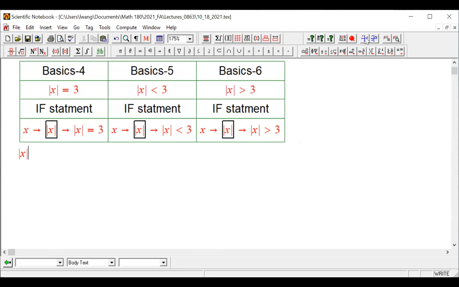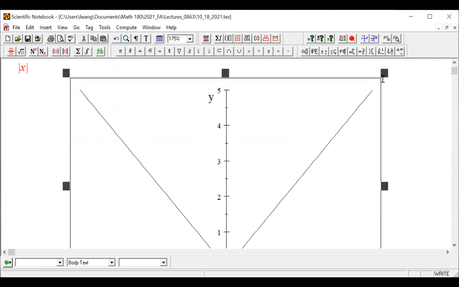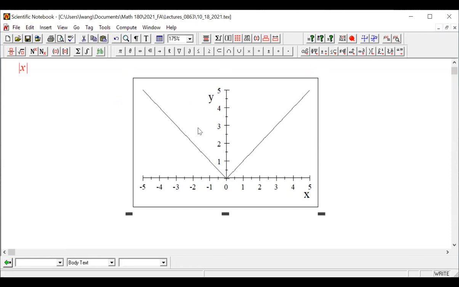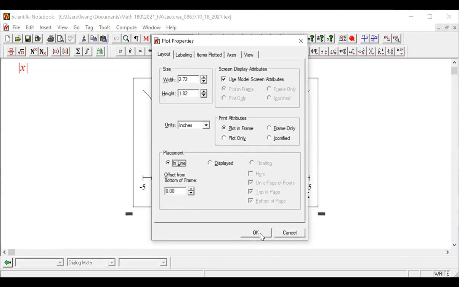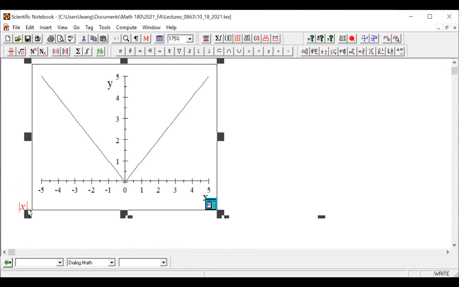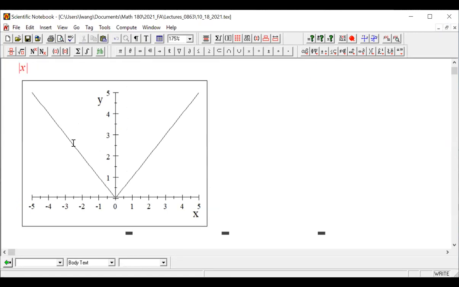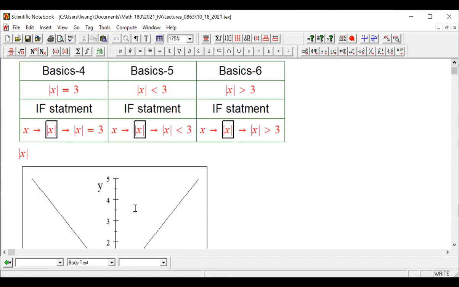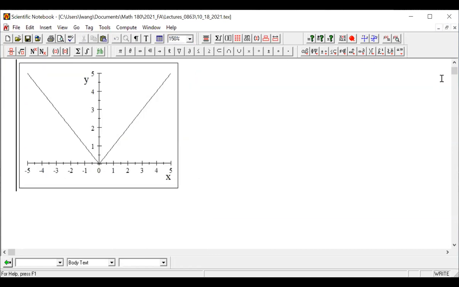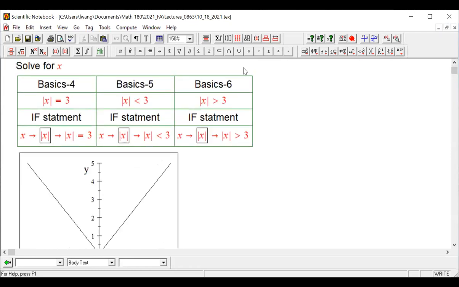Yesterday we also talked about the visual perspective, or the function perspective. Once we have a rule, we have a graph. This is the rule of the function. Let me make it a little bit smaller.